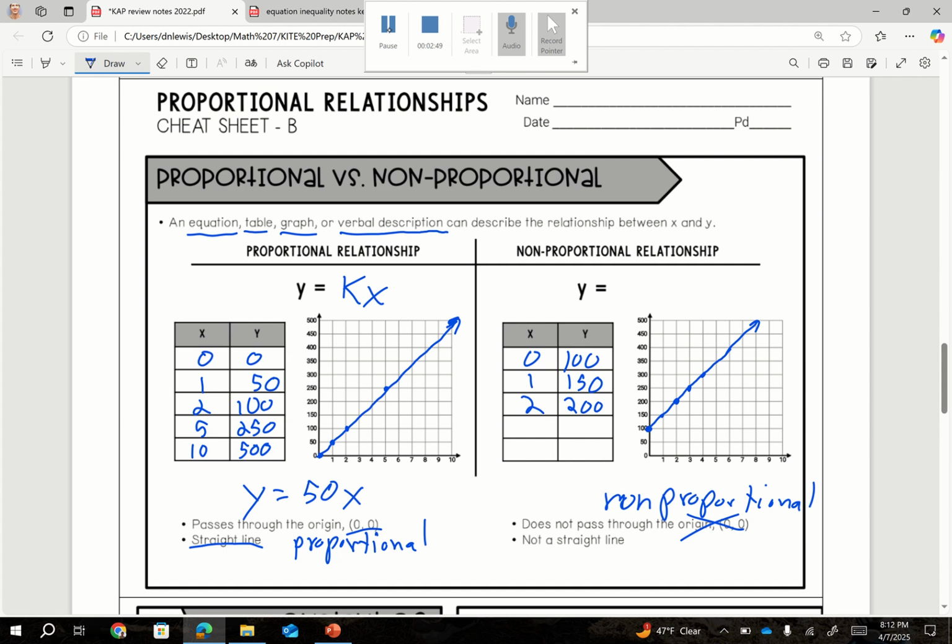And I can tell here I'm just going to keep going up by 50. Okay, so I have a constant rate of change here, but I do not have a constant of proportionality because 150 divided by 1 and 200 divided by 2 are going to equal different things.